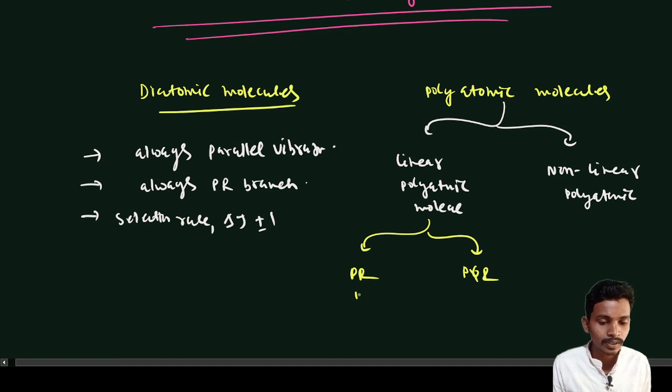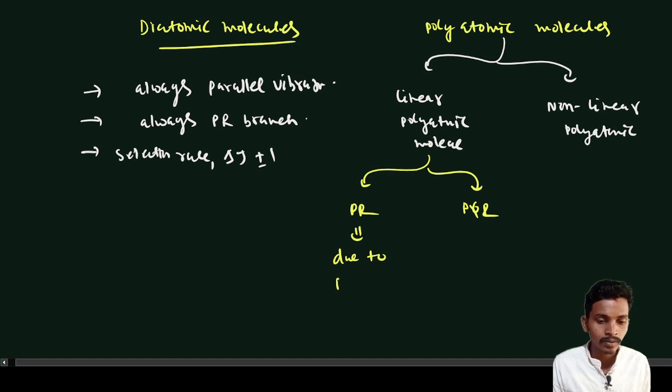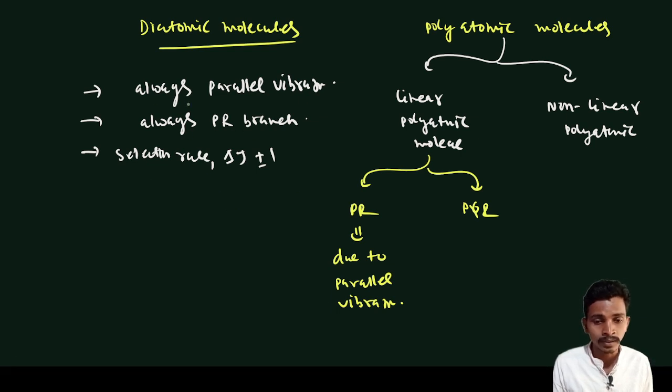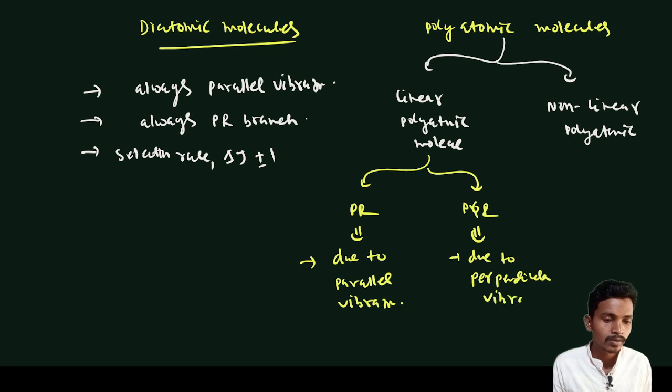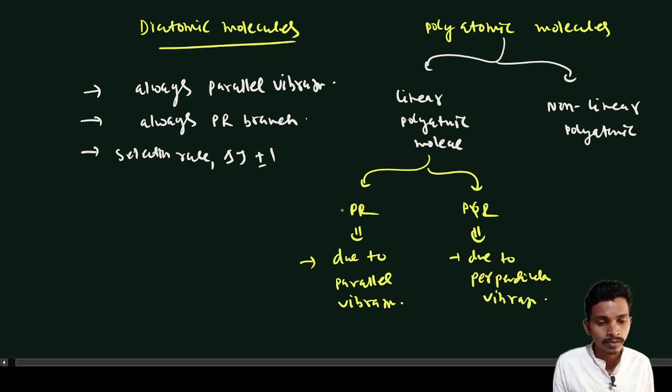The PR branch is due to parallel vibrations, which is the same as for diatomic molecules. The PQR branch is also possible, and it is due to perpendicular vibrations. So for linear polyatomic molecules, we get both PR and PQR branches.